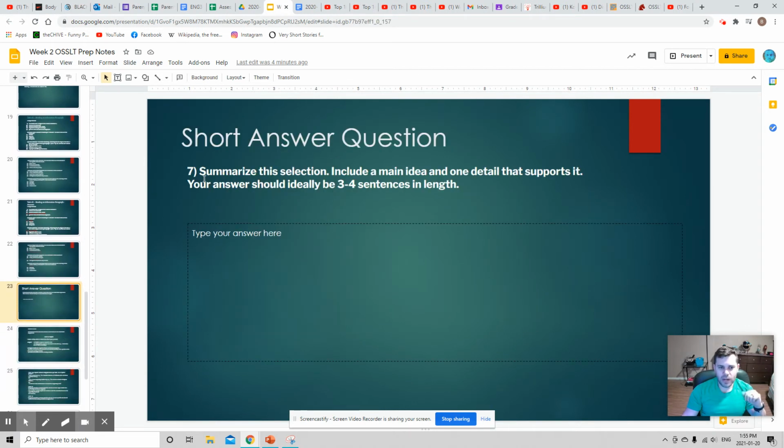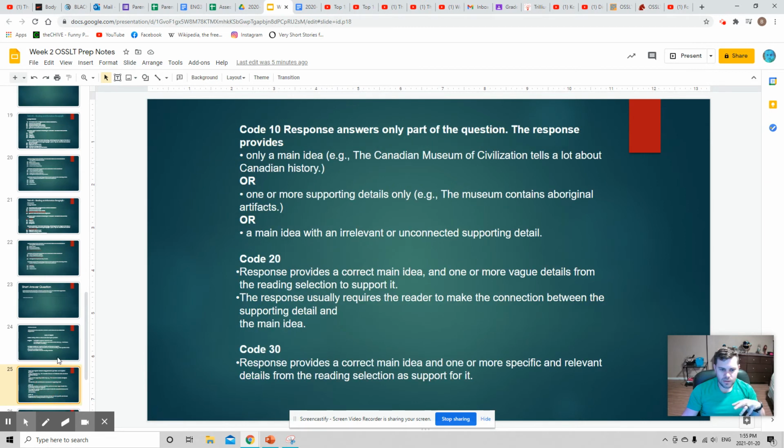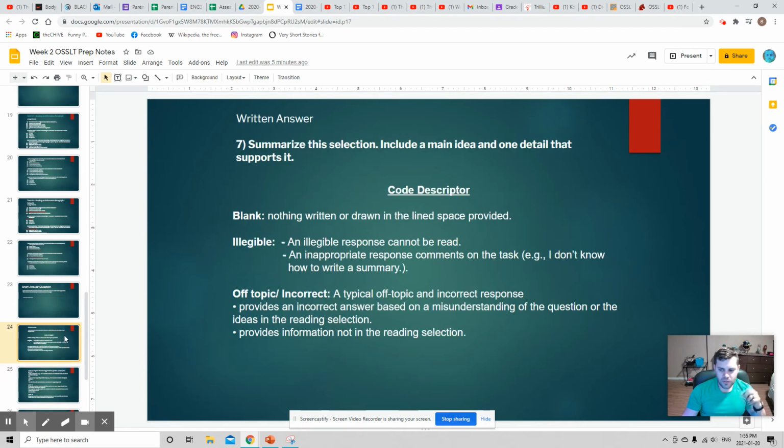And then your short answer question associated with this is summarize the selection. Include a main idea and 1 detail that supports it. Your answer should ideally be 3 to 4 sentences in length. So once again, these are just some scores you could get. If you leave it blank or illegible, meaning it can't be read, or if you're off topic, you get a 0.